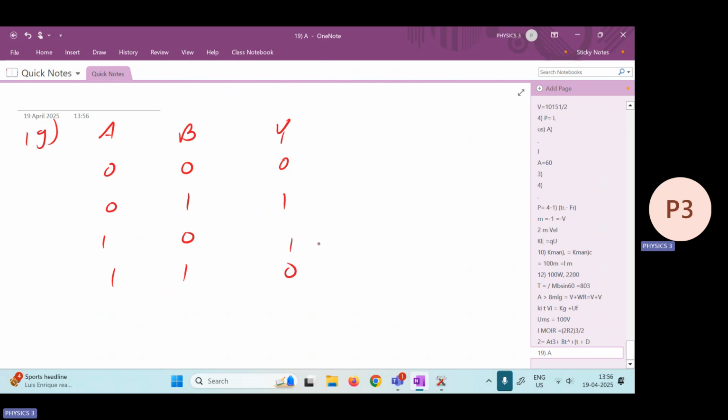1, 1, 1. But if we see from the given circuit diagram, if we close A and B is also closed, then we see 0, 0, 0. So this will be its bar will be 1. Its bar will be 0.